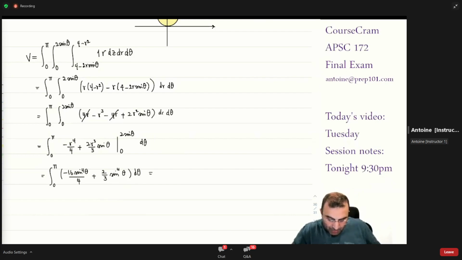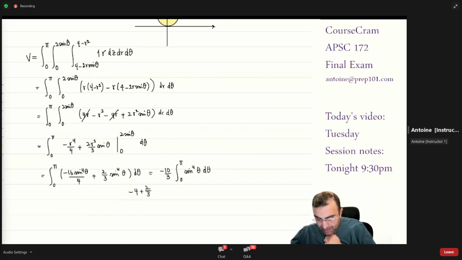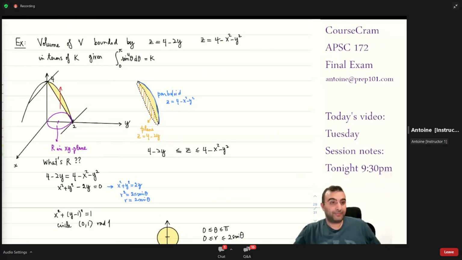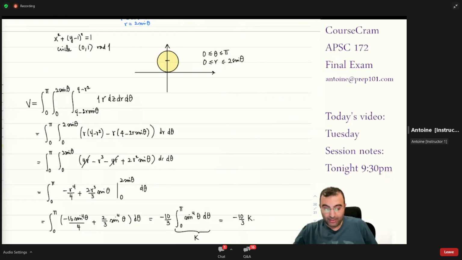Now this would be minus 4 plus 2/3, so minus 12 plus 2 over 3, which is minus 10/3, times the integral from 0 to pi of sine to the 4 theta d theta. They gave us this to be k, so the answer is minus 10 over 3 k. I think this question is quite nice.